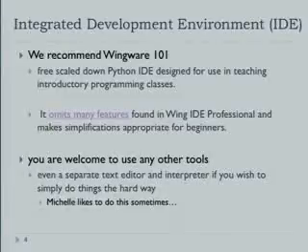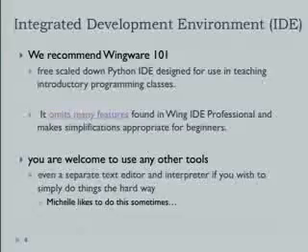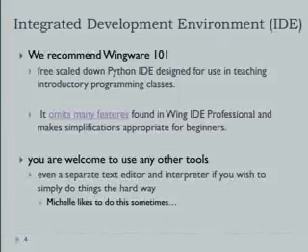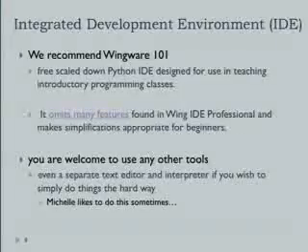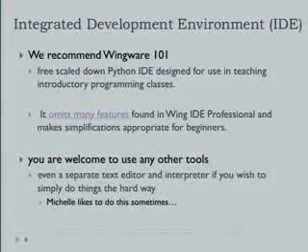So we recommend WingWare 1.1 because it's free, it's scaled down, and it's very simple. You are welcome to use anything else, so long as you can make sure that your program, when submitted, works. The automatic marker every year causes a lot of pain because people are not used to being that precise.